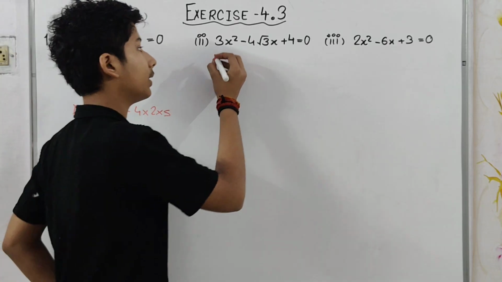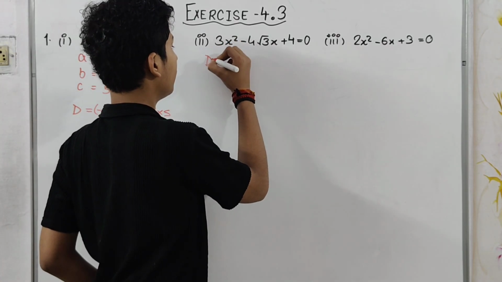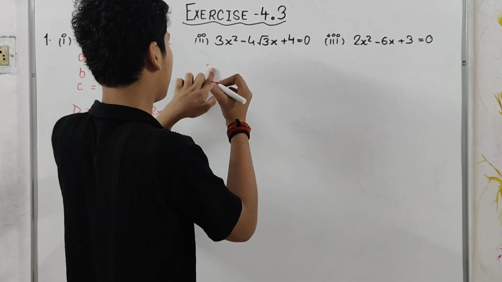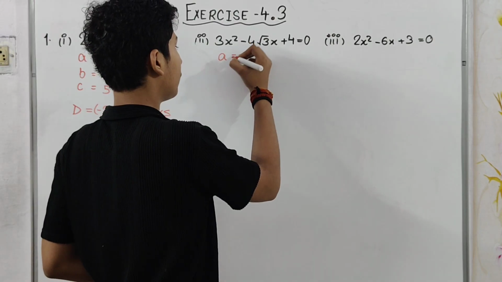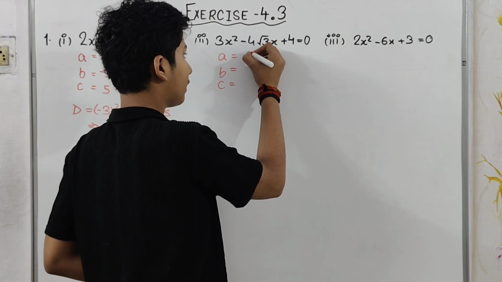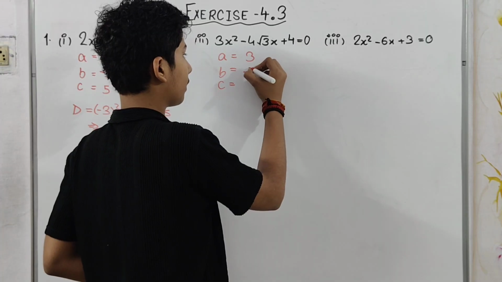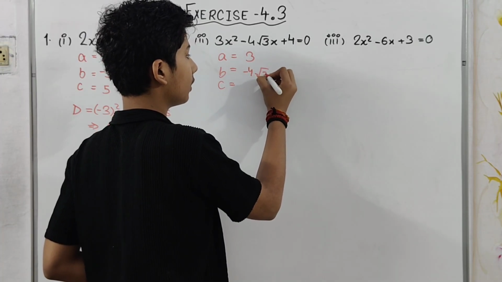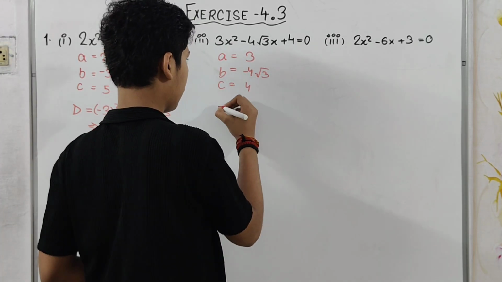Okay, now this one. First of all, we'll find out the values of a, b, c. a is 3, b is minus 4 root 3, and c is 4.